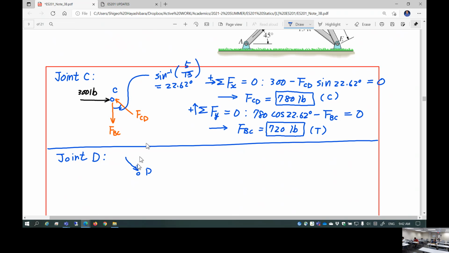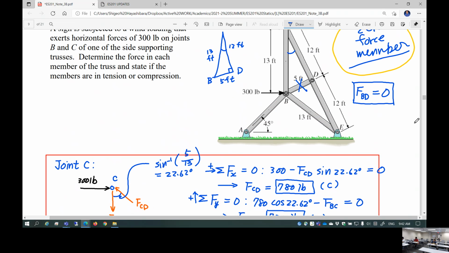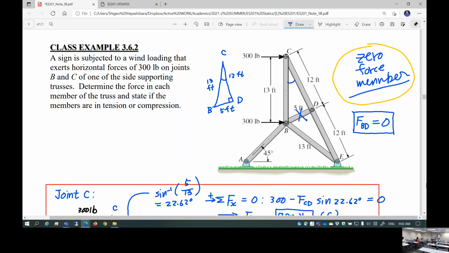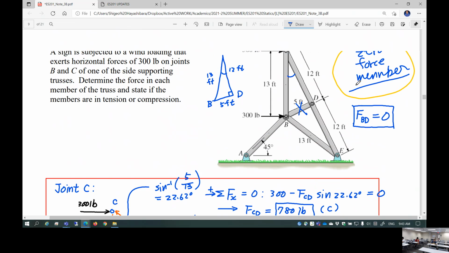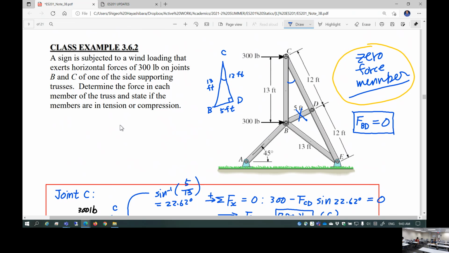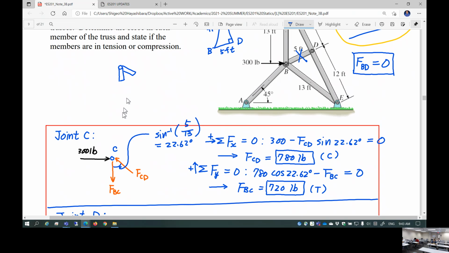Can you show again how we decided compressive and tensile force? Okay, this is once again the same discussion as yesterday's. Joint C has two members. Let me draw it a little bigger. Suppose you introduce a virtual cut here, and then this is FBC.